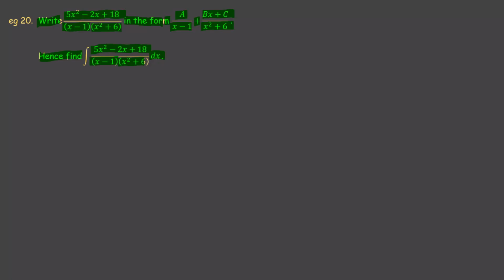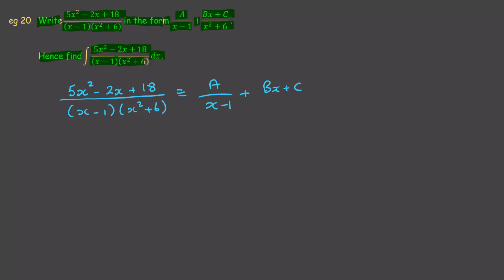So, we have (5x² − 2x + 18) / ((x − 1)(x² + 6)). And we're saying that that is identical to a/(x − 1), which is how we deal with the linear factor, plus (bx + c)/(x² + 6), which is how we deal with the quadratic factor.